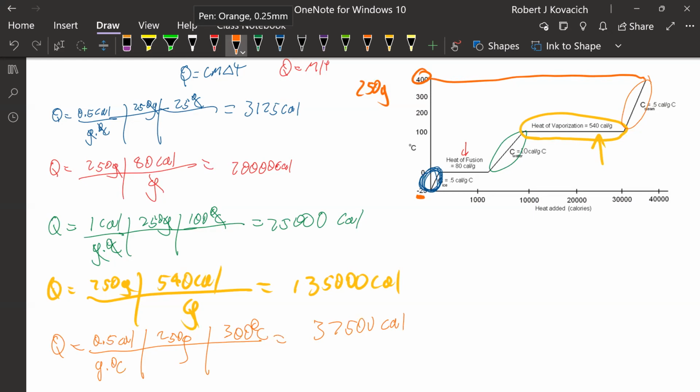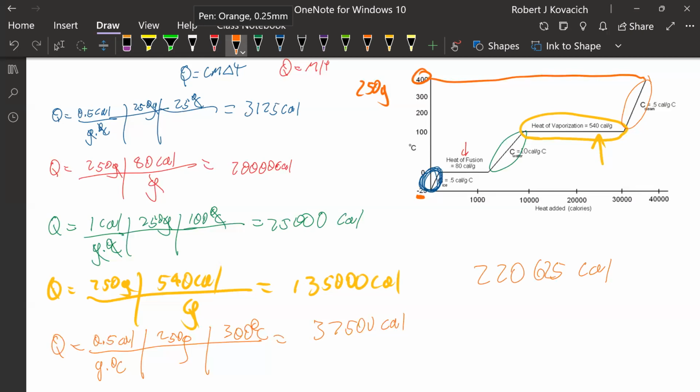All right, so we're going to add all these guys up. So the 37,500 plus the 135,000 plus the 25,000 plus the 20,000 plus the 3,125. And so we're at a total of 220,625 calories.